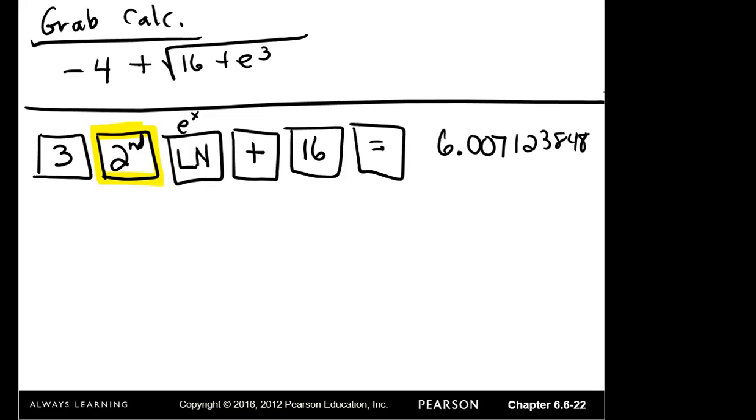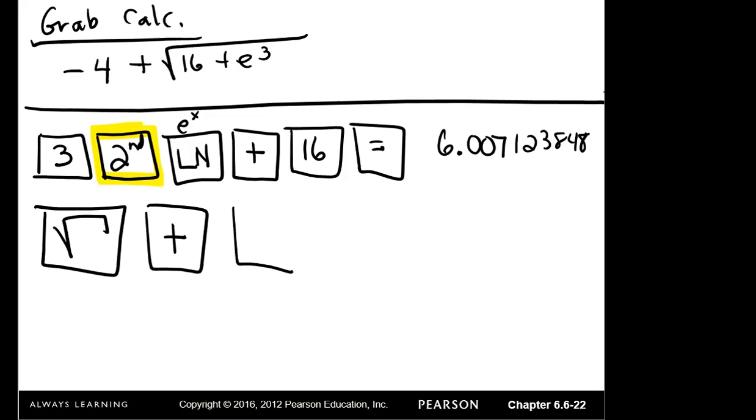At that point, you should see on your calculator 6.007123848, but keep going. After you hit the equal sign, that's what you'll see. Then you hit your square root button, because it takes the square root of that 6.00 number. And then I have to do this adding of -4. So I hit the addition button, I hit the 4, and then at the bottom of your calculator, you'll see a plus/minus sign with arrows.